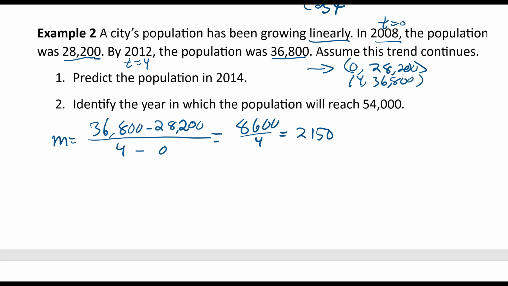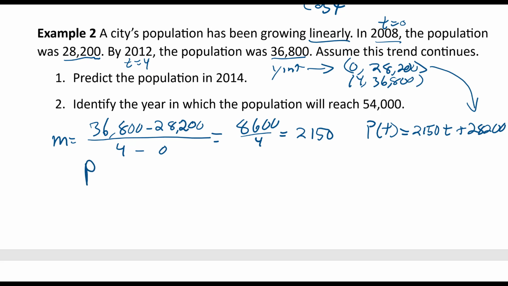So population at time t is going to be 2,150 times t plus the 28,200 that we started with. I did it the other way, and you'll still get there, but it becomes much more complicated. We can make this easier on ourselves, and we just did.